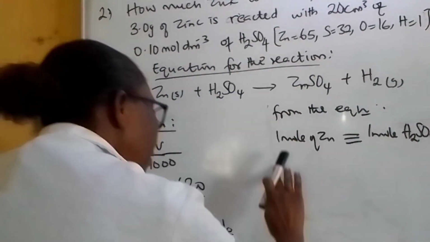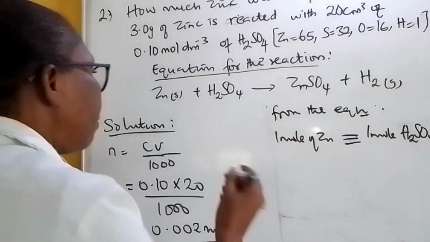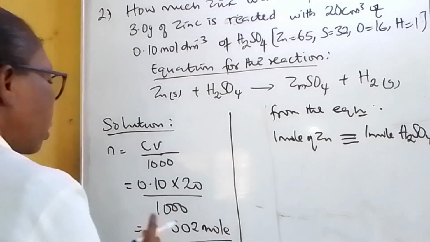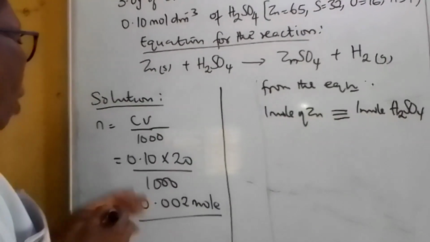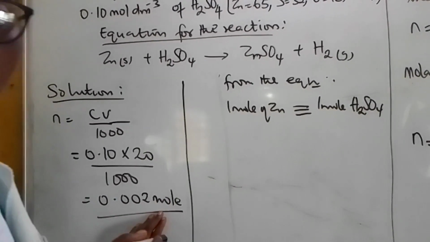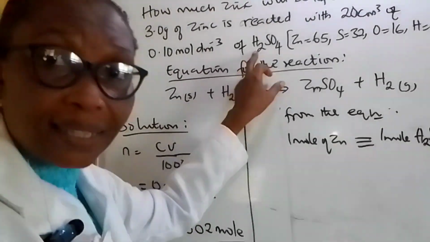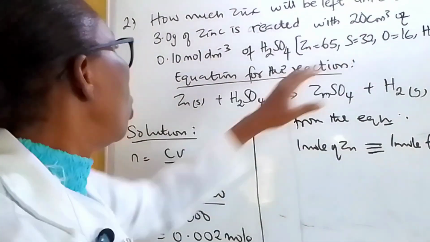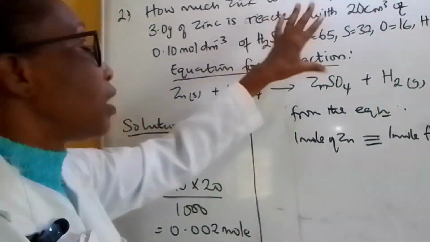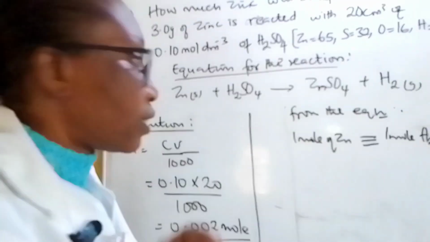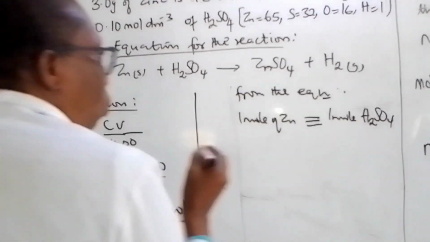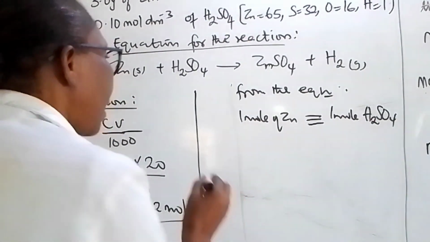And then we have that the acid contains 0.002 mole in 20 cm cube of 0.1 mole per dm cube, and that is the quantity we are told will react. So let's find out the quantity of zinc that actually reacted.